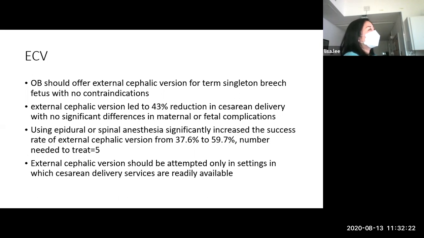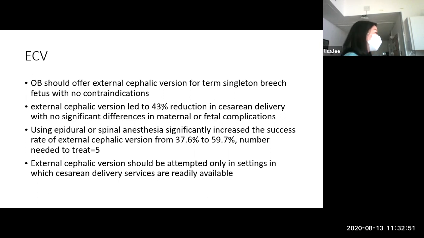So if they have better pain control, then you can do the maneuvers for longer. You could be a little bit more aggressive. Some people worry that you might be too aggressive and cause more complications because the patient isn't telling you to hold off or stop. But there was a study that shows that having anesthesia does increase the success rate from 37 to about 60%.